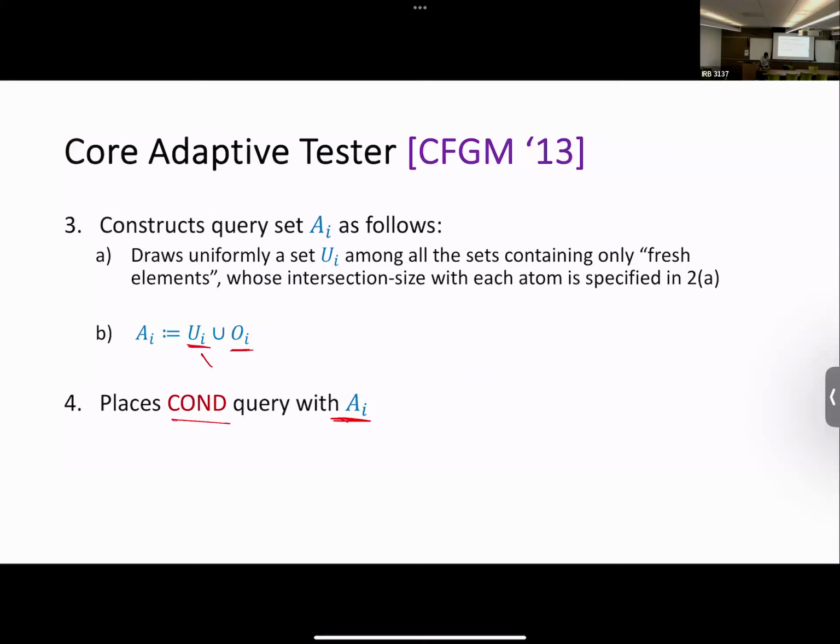These are basically the seen elements, whatever some subset of previous samples, and these are fresh or unseen elements, which we get by specifying how many unseen elements from each of these atoms are chosen. These are the two types.